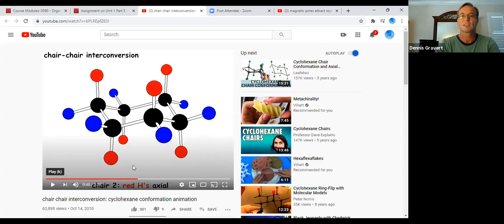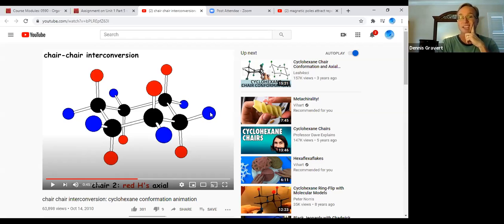Now we're at the other chair conformation. What used to be the head, what is it now? It's down. It's the farthest down carbon. This is the foot of the chair now. What became of its blue axial hydrogen is now equatorial. When this carbon was the head, the blue hydrogen was up.